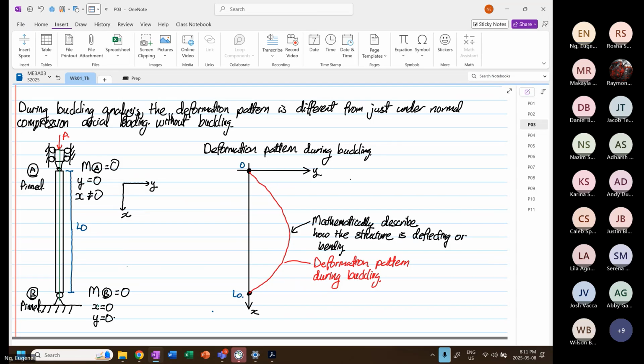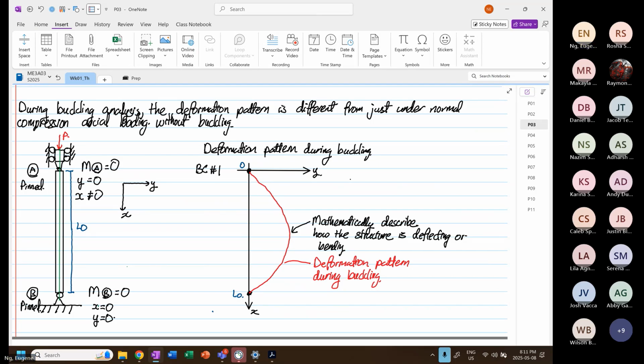Okay. So anything that is math, we need to have boundary conditions. Okay. And so we are going to have our boundary condition number 1.